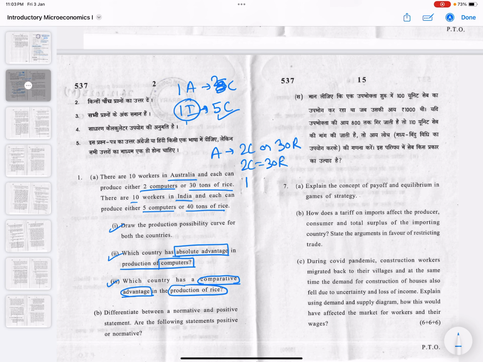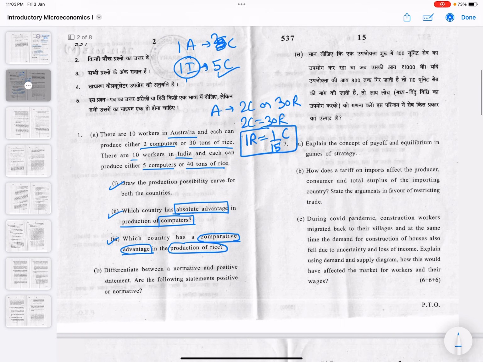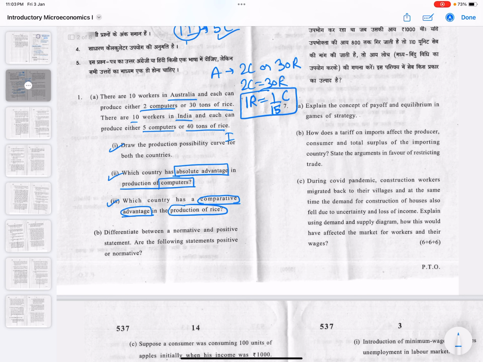So basically 1 rice is equal to 1 by 15 of computer. So this is the opportunity cost of producing rice. So if you're producing 1 more unit of rice, you are reducing the production of computer by 1 by 15th unit. Now for India, it is 5 computers for 40 rice.